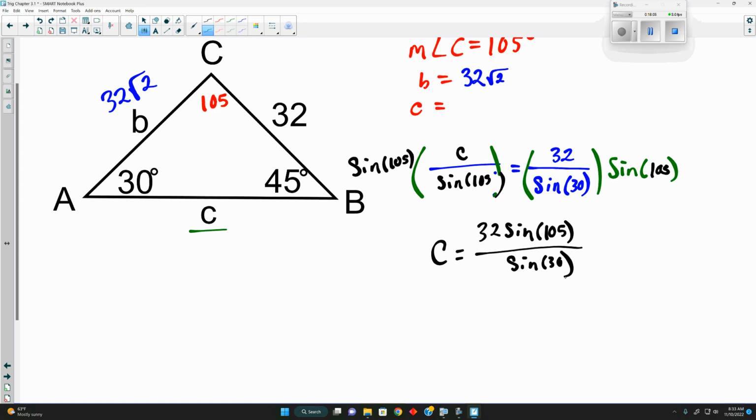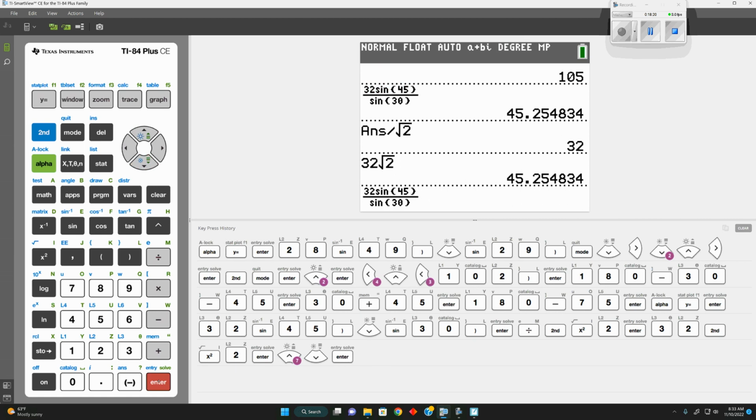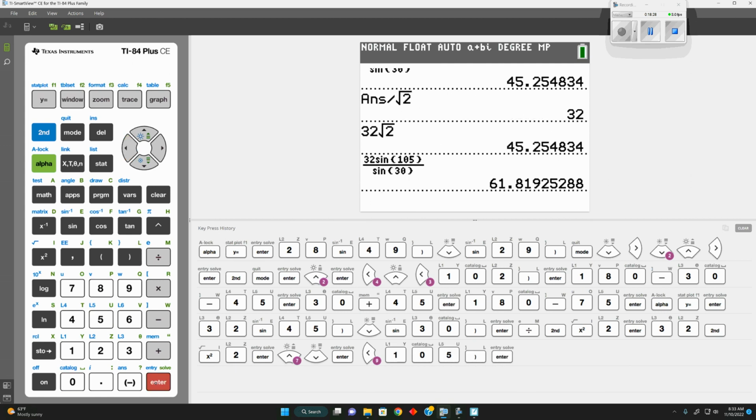This is going to give us 32, isn't it? 6 over. Yes. Okay, that's right. And there's a reason for it. I don't know why I was hoping that it would be nice. Because this is the approximate value that we get. 105 is not a nice angle. 105 degrees.